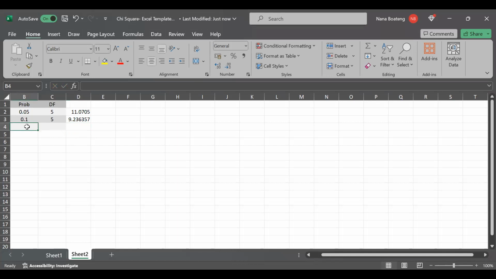And then when the probability was 0.01, degree of freedom still 5, here is 1%, and then our degree of freedom is 5.